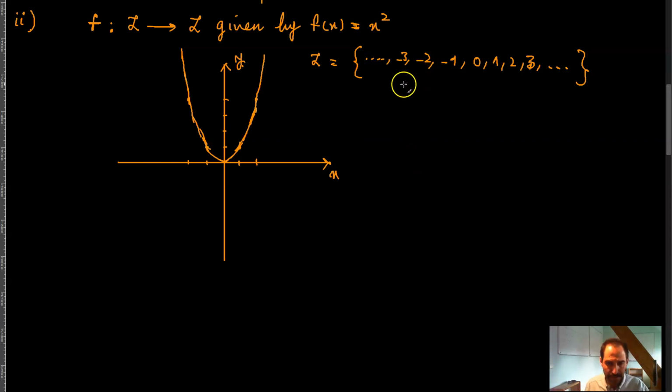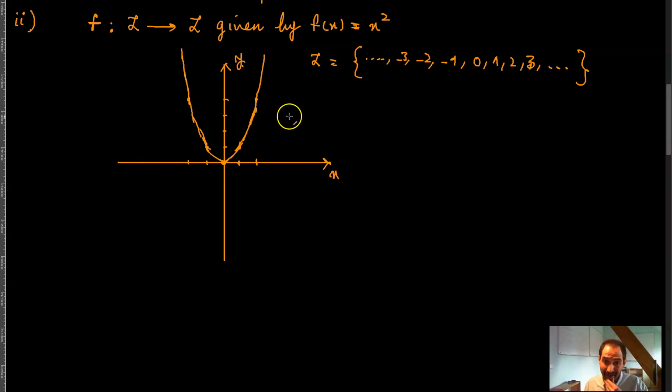So that means that you have 0 over here as a part of your domain, you have 1, 2, 3, all the way up to infinity, negative 1, negative 2, all the way up to negative infinity. But there is no number between 0 and 1. There is no number between 1 and 2, and so on and so forth. And the same applies to all the negative numbers as well, right?